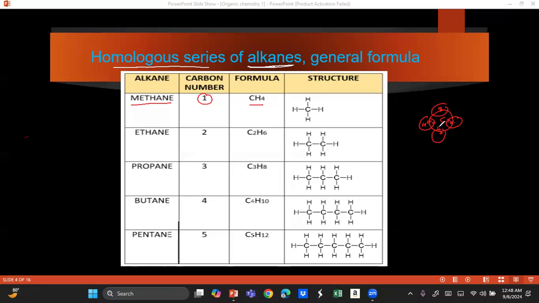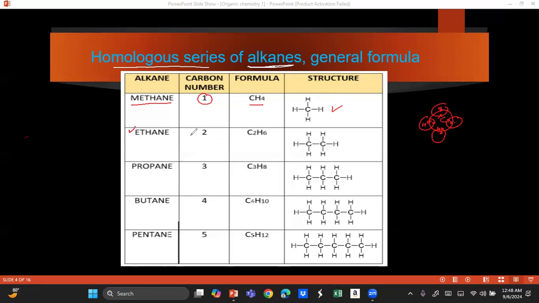That is why it is known as an alkane, and it has one carbon atom and 4 hydrogen atoms, because it is saturated. And you can see the structure of methane, that is CH4. As carbon has 4 electrons in the outer shell, it needs 4 electrons. It will share 4 electrons with 4 hydrogen atoms.